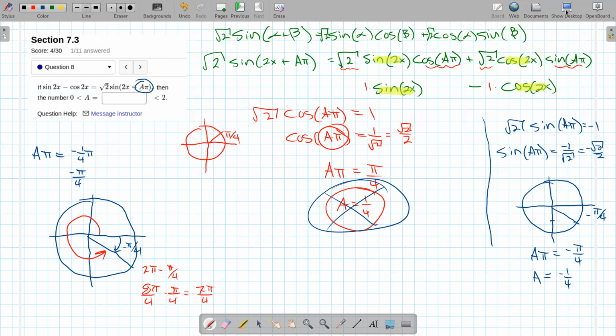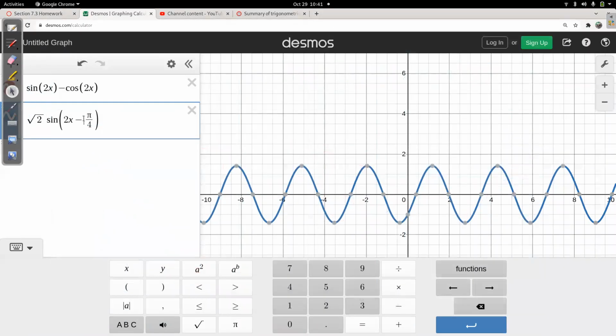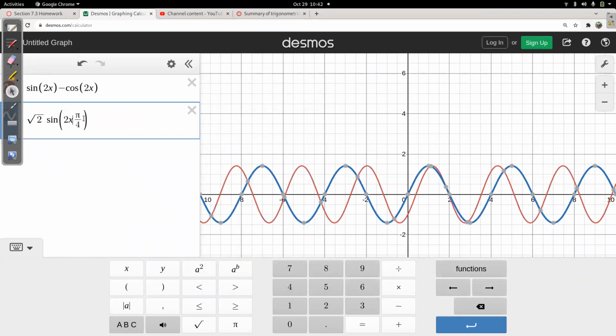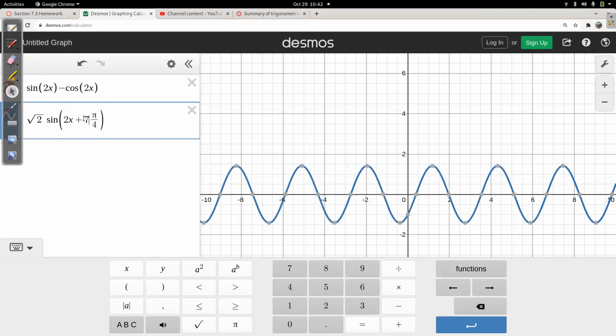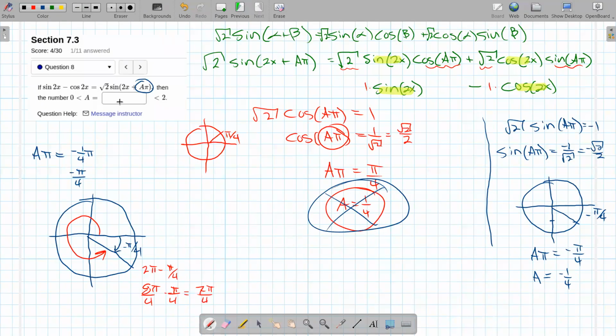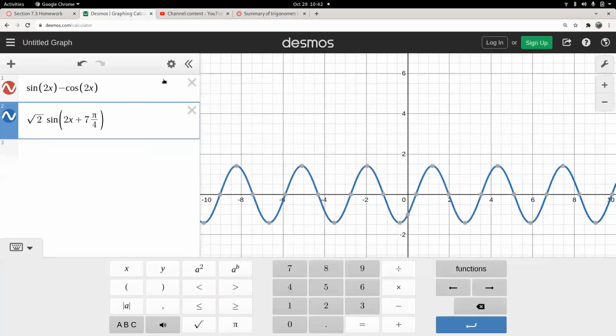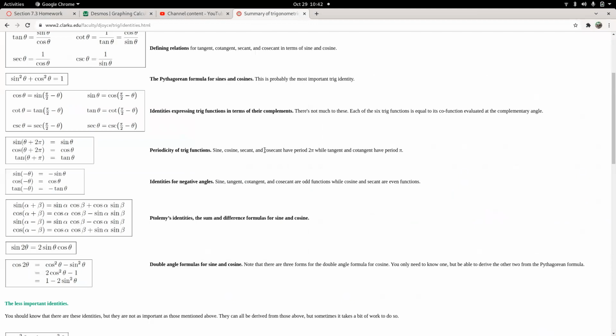Let's test it. So instead of the minus, which worked, I claim a plus 7 pi over 4 should do the same thing. Okay, so a is 7/4 there. Now, I happen to think I should apply that formula. The other option here is to apply the double angle to these here. And so we have a bunch of versions for the double angle. Let's try it a different way, see what happens.